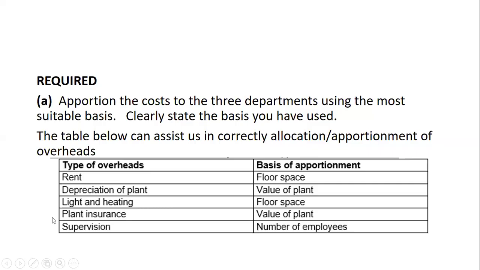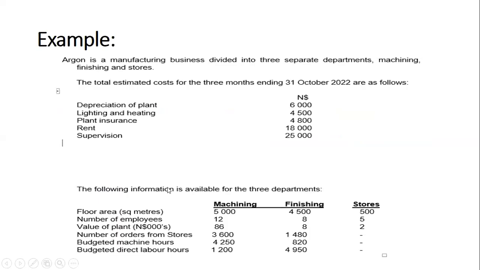So to apportion insurance, we just have to take the value of plant. Let's say for machining, we take 86 and divide it by the total, and then multiply by 4.8. And for finishing, you take 8 over 96, which is the total. You multiply it by 4.8, just like that.